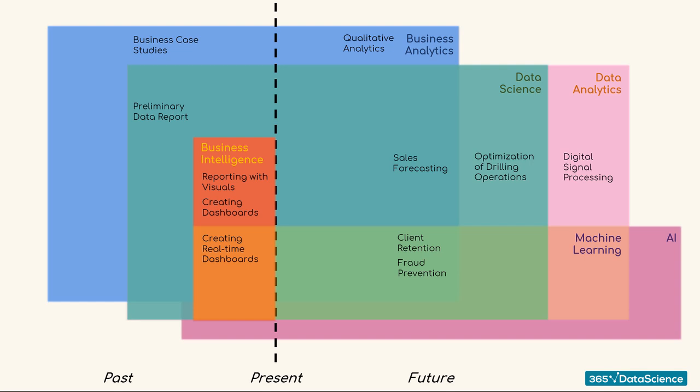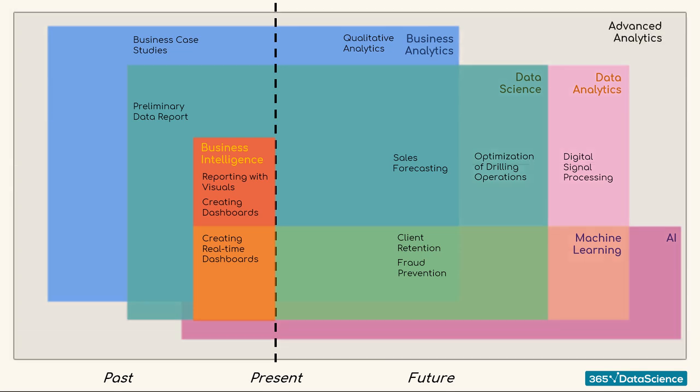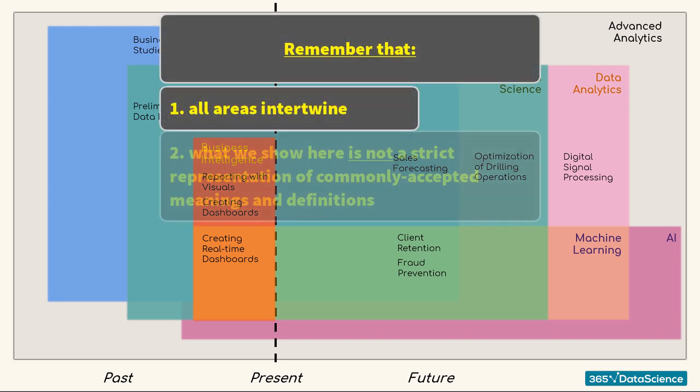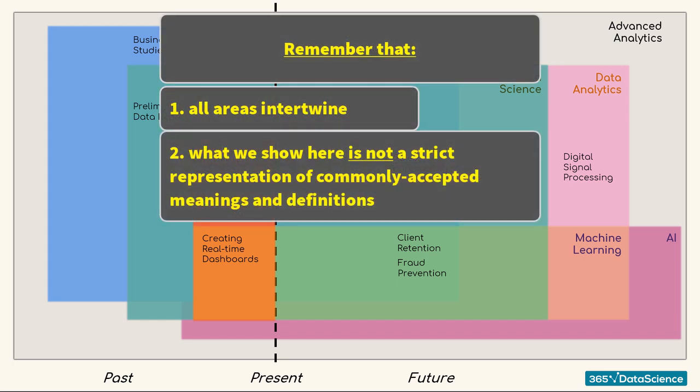So, we will collectively group all areas of analytics under advanced analytics, with the idea that any part of analytics can seem advanced at first, but that no part is exclusively or permanently within this category. Perfect! Remember that all areas intertwine, and what we show here is not a strict representation of commonly accepted meanings and definitions.